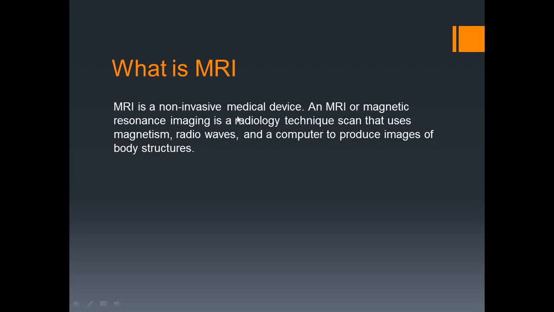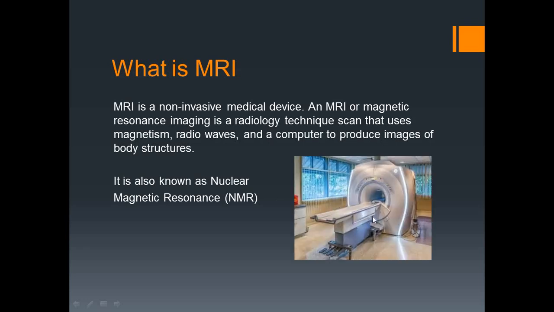So it's a medical device, and this device uses the technique of magnetism, radio waves, and computer to produce an image of our body. It is also known as nuclear magnetic resonance, or NMR. Here is a picture of an MRI machine.